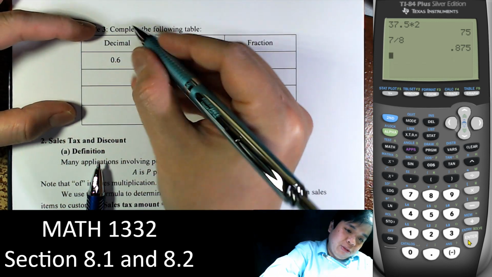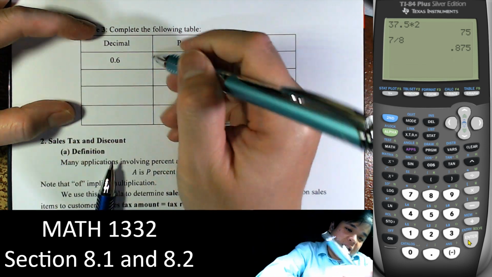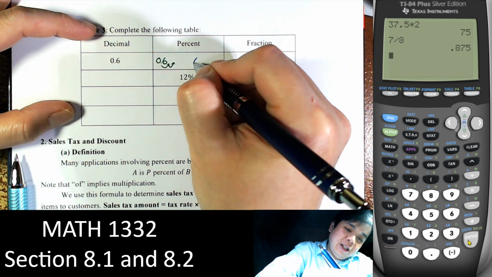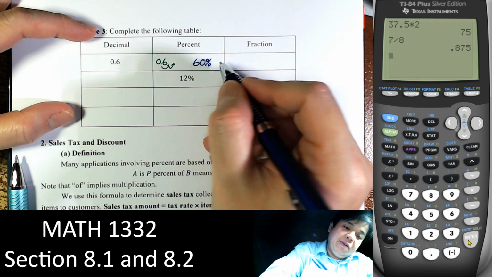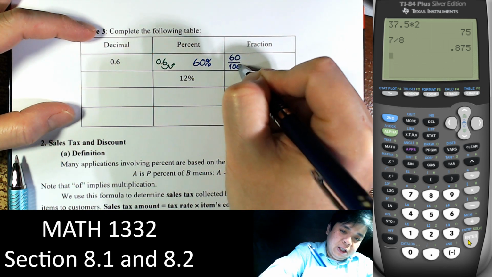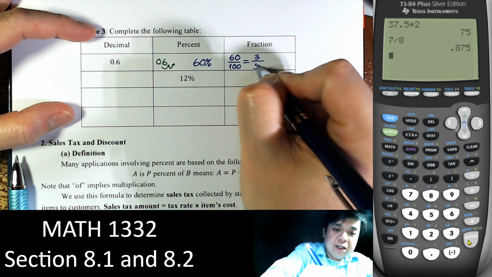I'm just going to do the scratch work here. So that is 60%. And if it's 60%, we can write 60 over 100, divide by 20 top and bottom, 3/5.